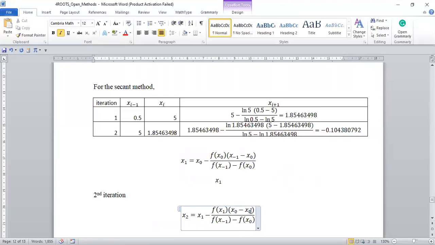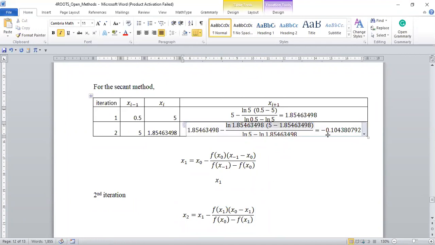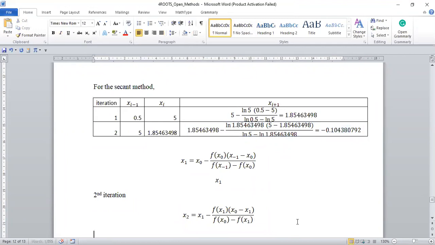Here is 1. Here is 0. And here is 1. So this is the evaluation now. You're going to get a new value. Then for the third iteration, you keep on doing it like that.